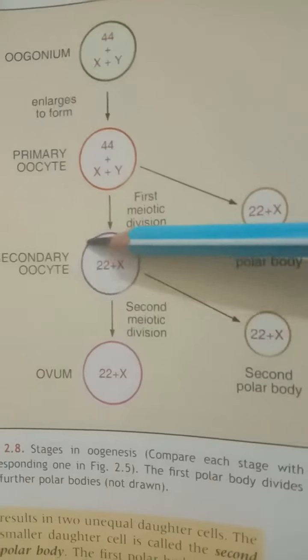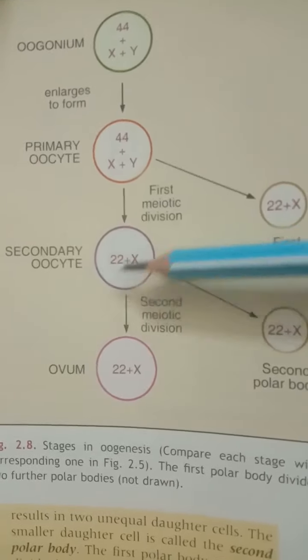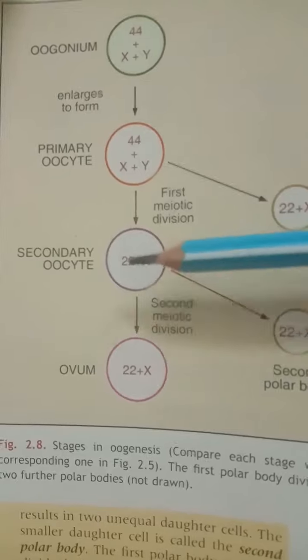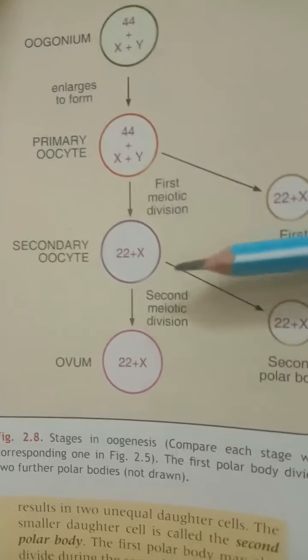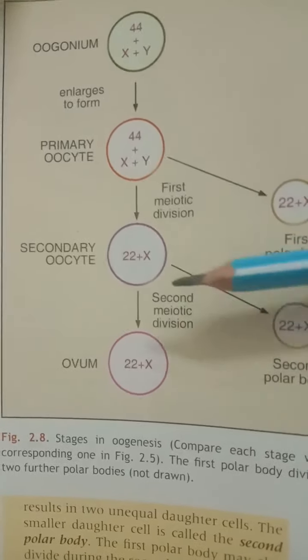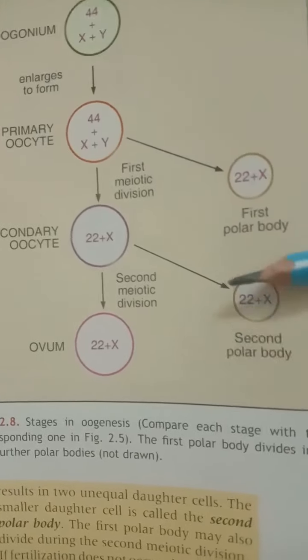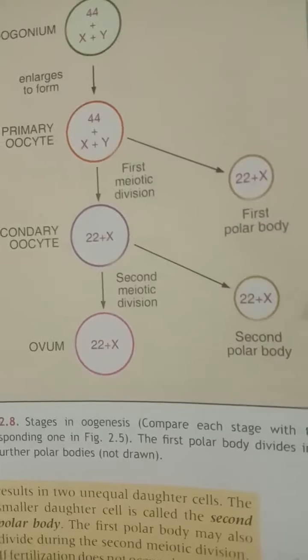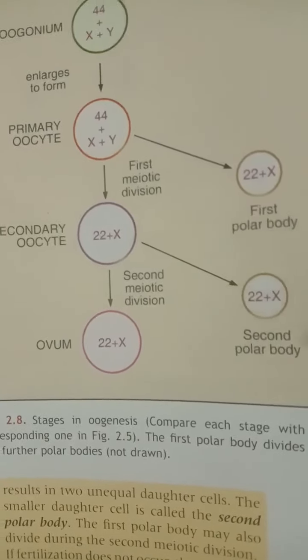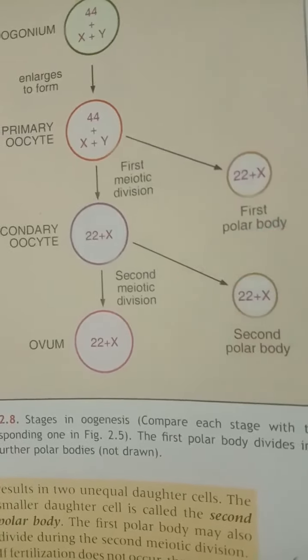Then the secondary oocyte enters the second meiotic division at the time of ovulation, but the division is completed only after a sperm penetrates the secondary oocyte. The second meiotic division is also unequal.